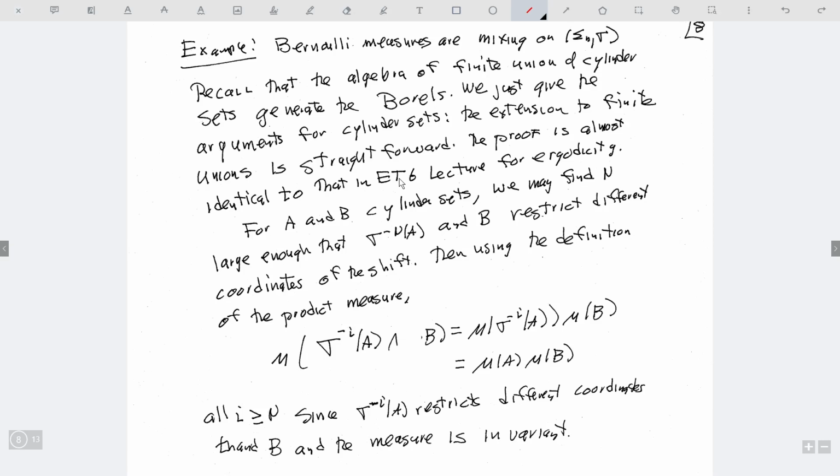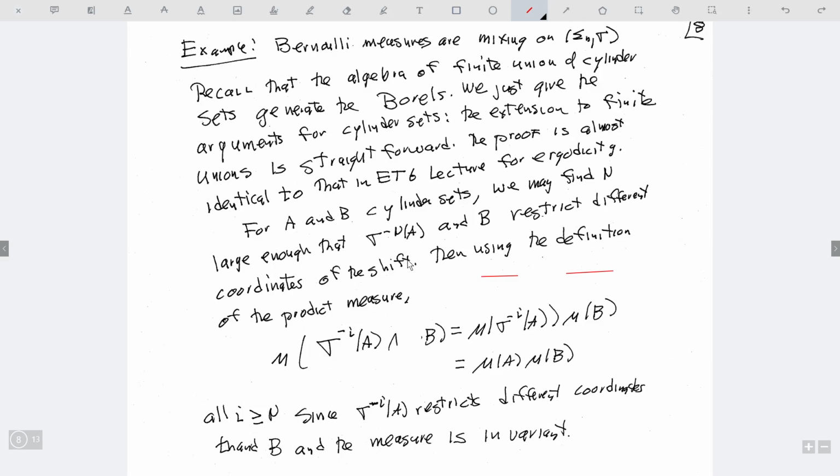We did something very similar with ergodicity in lecture 6. If we have cylinder sets, the idea is we can find an n large enough so they restrict different coordinates of the shift, right? So we shift the A way over here so that it depends on the coordinates that are way over here.